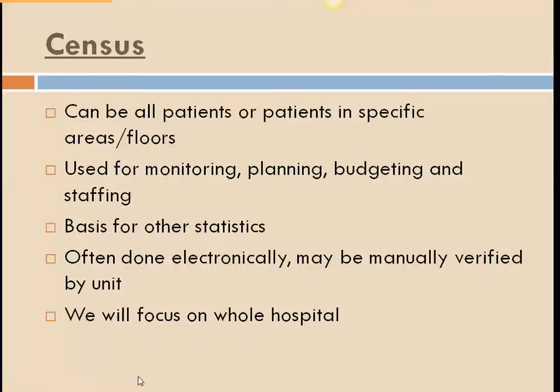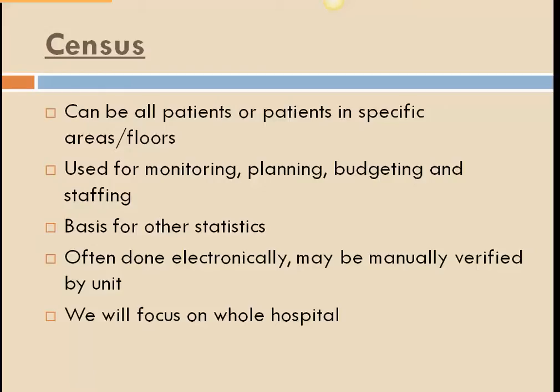The census can be talking about counting all of the patients in a hospital or a facility, or it can just be focused on a specific area. It might be a census for critical care, or for pediatrics, or for oncology, broken down by floors or units. There's different things that the census is used for. It's used for monitoring, for knowing, okay, how many patients are in our care at this time? Do we have any open beds?